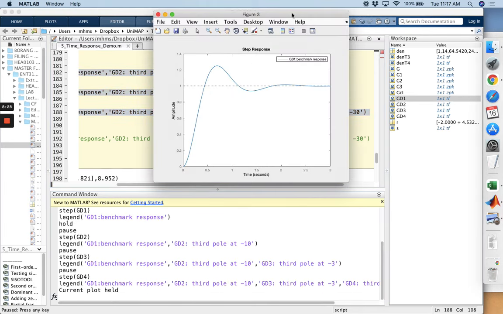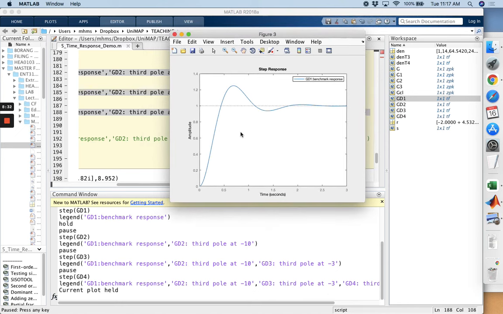This is a second order system. And then what we want to compare is what happens when we add another pole at -10. You can see here the red plot resembles the second order system. Why?